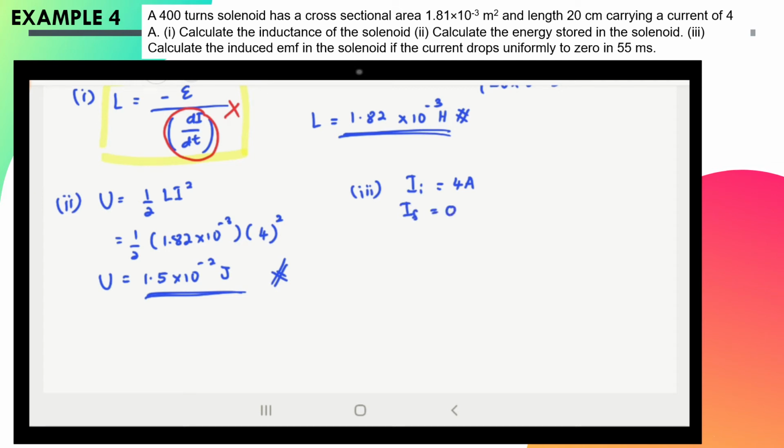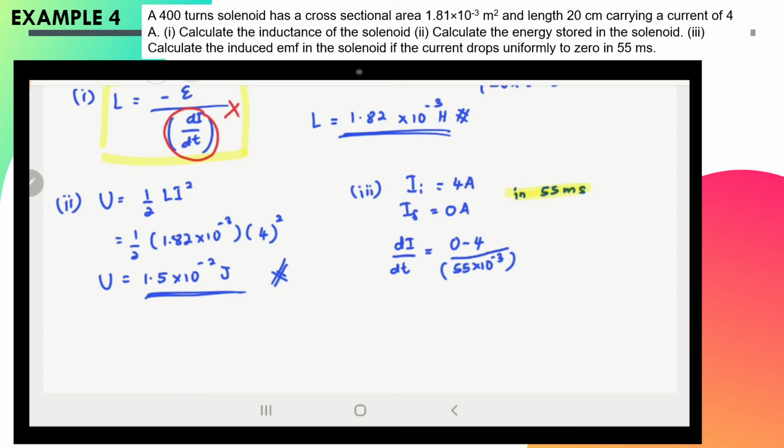The question states that the current drops uniformly to 0 ampere in 55 millisecond, which means that dI over dt is equal to 0 minus 4 over 55 millisecond.